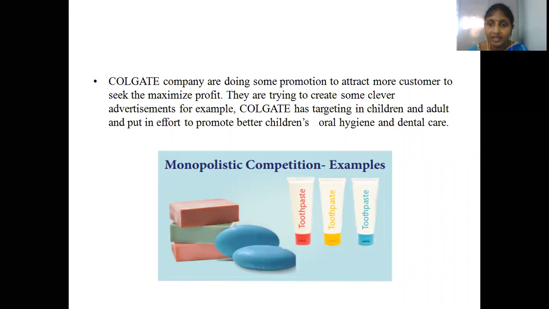It is good hygiene and dental care for health. They take different concepts for attracting people. As the products are similar and differ only in some aspects, they attract people through advertisements and promotional videos. That is what they do in the monopolistic market.